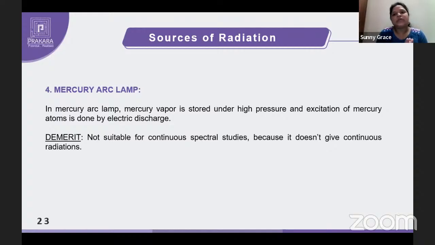Because it doesn't give continuous radiation, we will not use it much in UV visible spectroscopy. So the most widely used sources are hydrogen discharge and deuterium lamps, as a source of UV visible radiation.